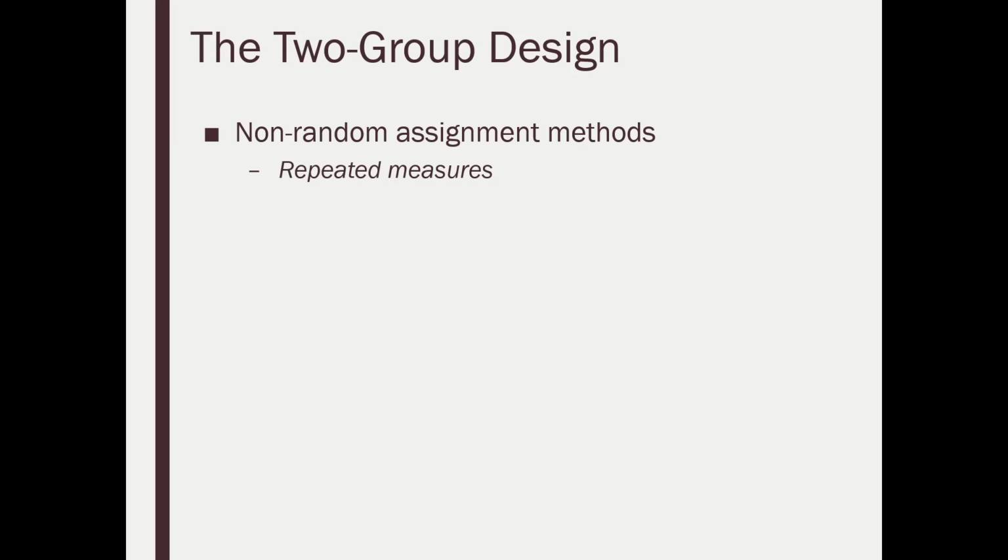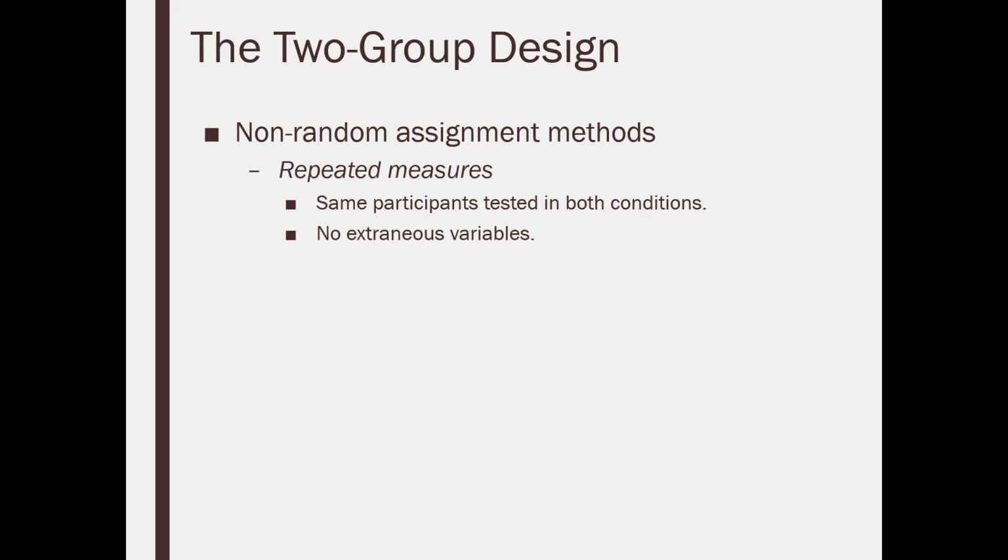There are some non-random assignment methods. One of the most powerful non-random assignment methods is to do a repeated measures test. In this kind of test, the same participants are going to be tested in both conditions. So one of the powerful aspects of this is that you get rid of all those extraneous variables that you have when you're making between subject comparisons.